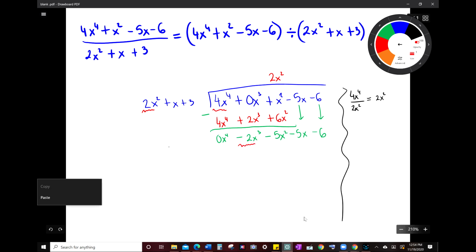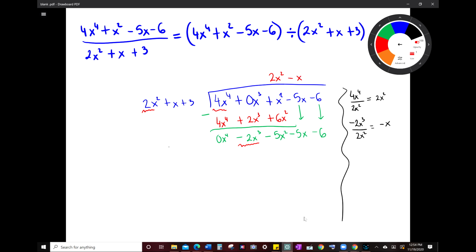Then next I'll erase these, and then I will take negative 2x cubed, this one right here, divided by 2x squared. So I do it on the side too. Negative 2x cubed divided by 2x squared gives me negative x. So I go back here and put negative x.